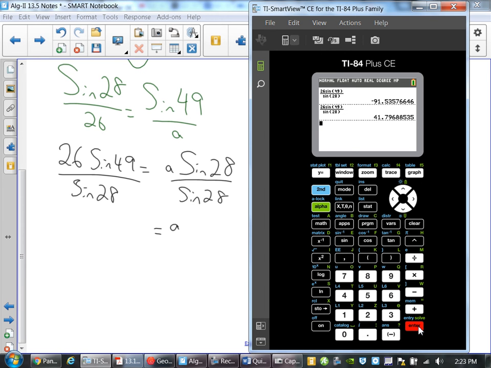So this gives me an angle, or excuse me, a side length. 41.796 goes to 41.8 when I round to two decimal places. That gives me little a.